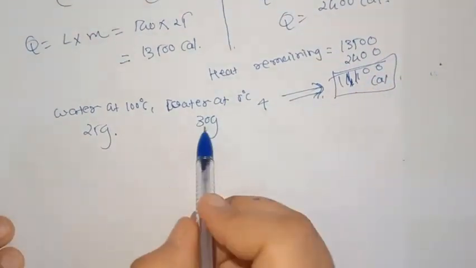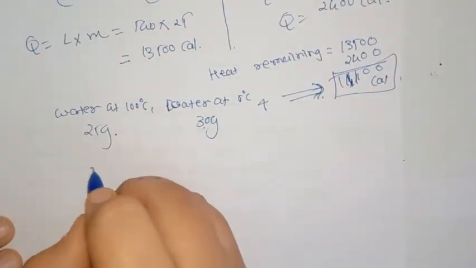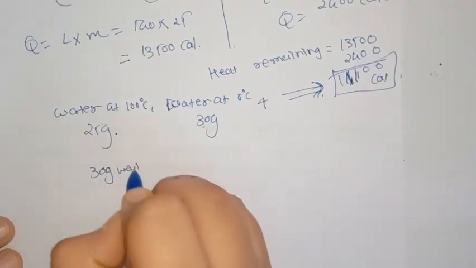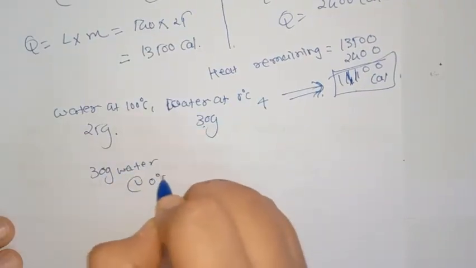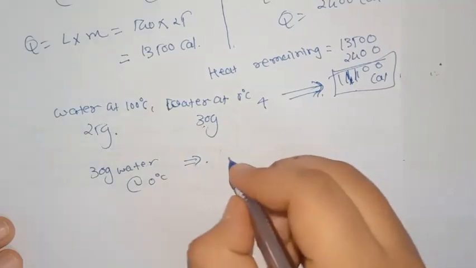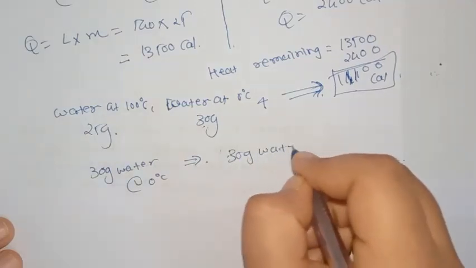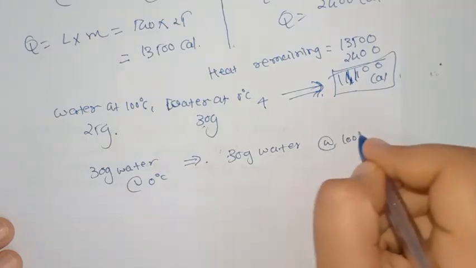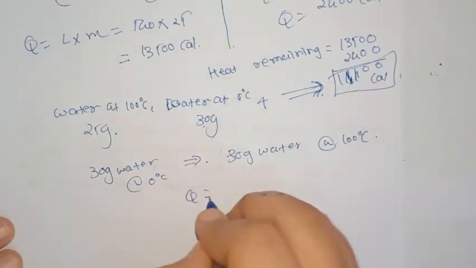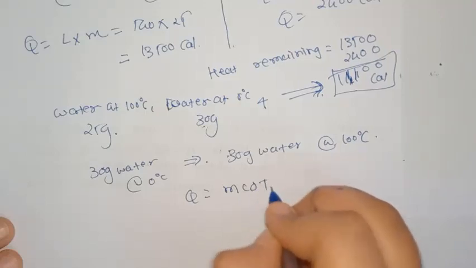Now let us find the energy required for 30 gram water at 0 degrees Celsius to move to 30 gram water at 100 degrees Celsius. The heat energy required will be mcΔT.